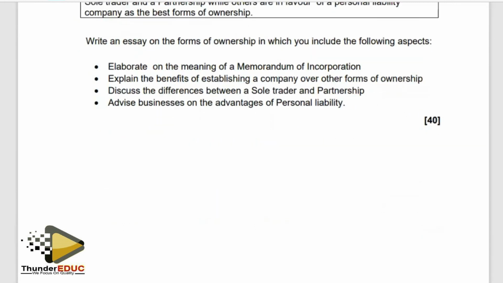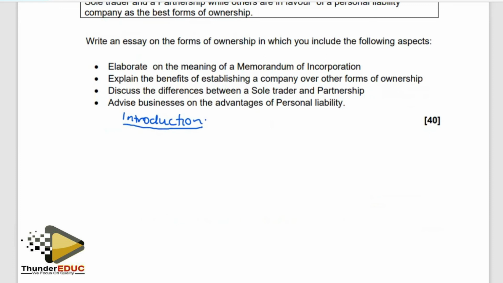Any essay question must have what we call an introduction. We must give our essay question an introduction. Write it in your answer sheet. After numbering question number 5, write the word introduction.